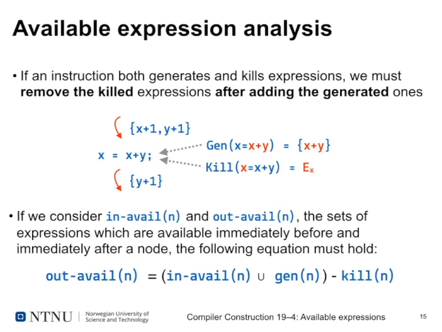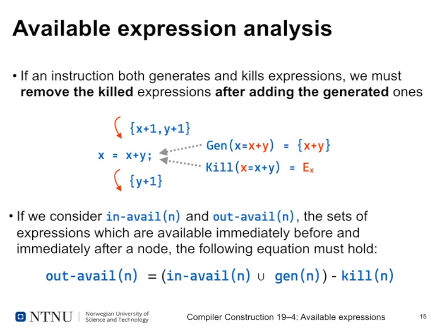So if we consider the in and out available expressions for an instruction n, the sets of expressions which are available immediately before and after a node, we can write it in a shorthand notation using the following equation. The available expressions at the end of an instruction, the out available expressions, are the in available expressions, to which we add the ones generated by this instruction, and from this joint set we subtract afterwards, that's important, the ones that are killed.